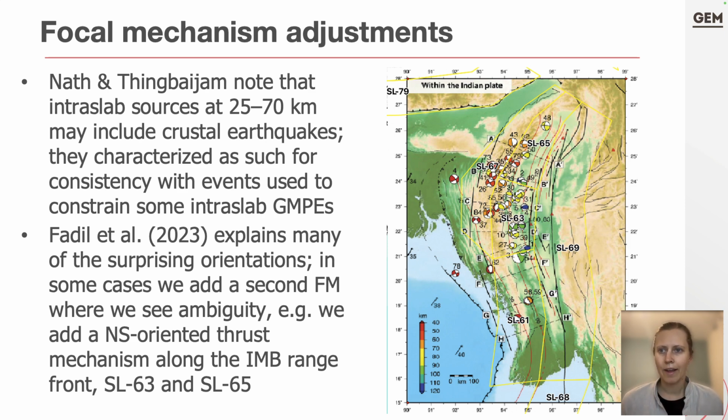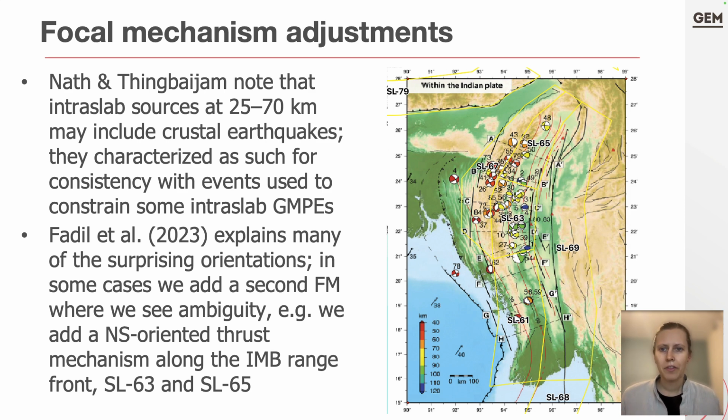The first thing is that the authors of the PSHA model noted that actually there's intraslab sources extend from 25 to 70 kilometers, and they do this even though they know that it may include crustal earthquakes, because it's consistent with the way that the intraslab GMPEs that they used in this region were defined. So some earthquakes as shallow as 25 kilometers were included in those data sets.